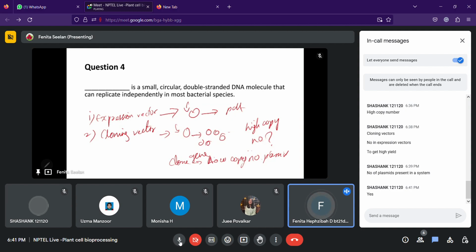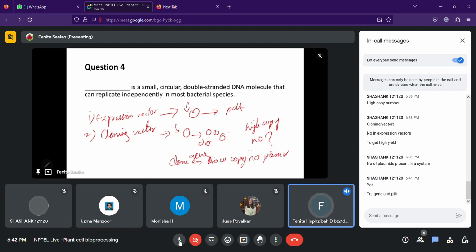Conjugative will have specific genes which will aid the plasmid's transfer on their own. The non-conjugative won't be able to transfer. Yes, gene and pili, with the help of MOB gene.